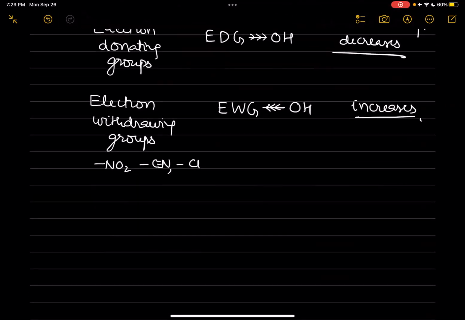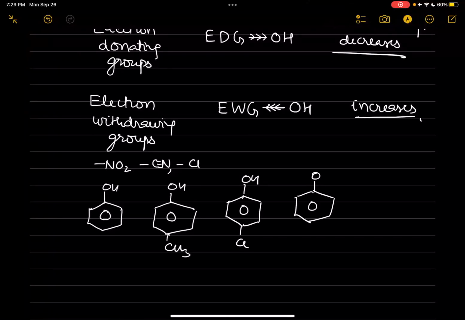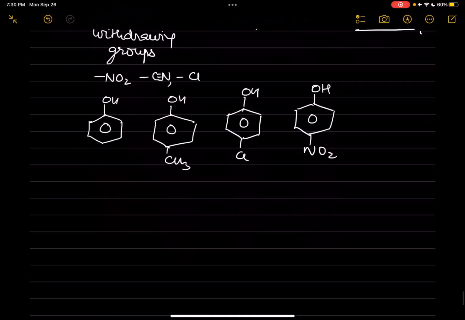But if you have electron donating groups, which do not contain any electronegative atoms, for example, if you have phenol and a CH3 group at the para position, a Cl group at the para position, and let's say an NO2 group at the para position, what's going to be the acidic strength? What is the correct order of acidic strength?